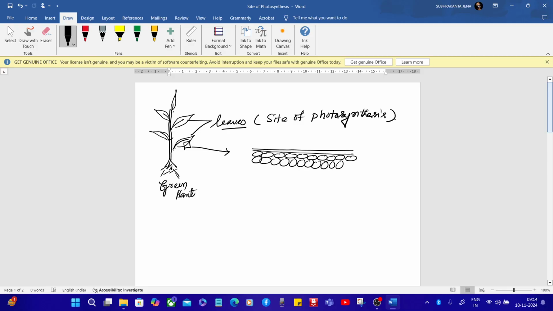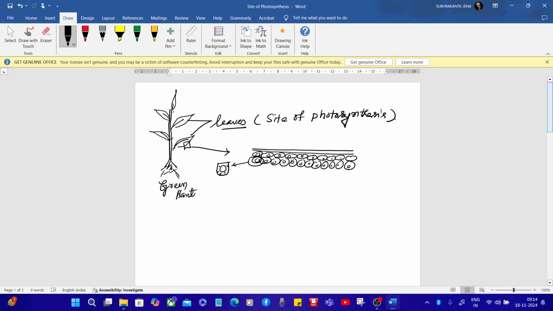Inside these cells you will find the vacuoles. I will label it properly. You can also draw these cells in this shape, for your better understanding. If I am magnifying an individual cell, they can be arranged like this.